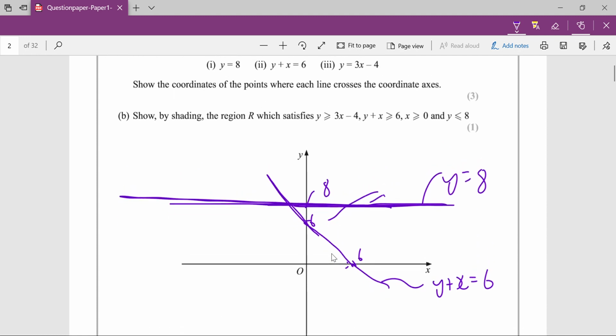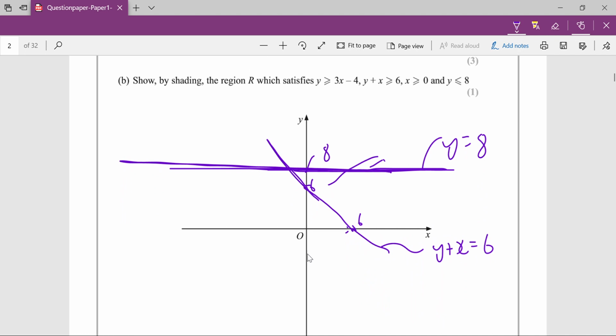And finally, y is 3x minus 4. So we know there's a y-intercept of -4, and it's a positive 3 gradient.